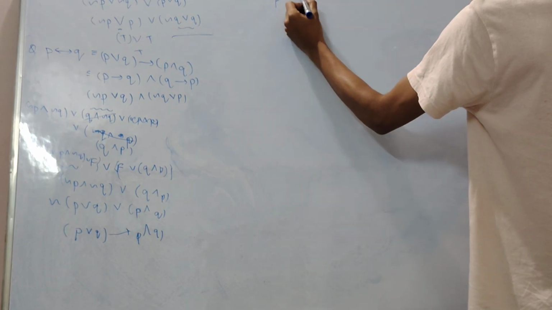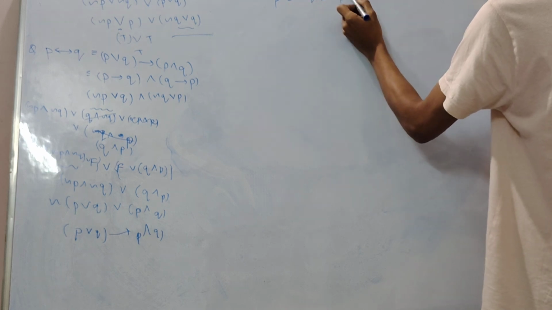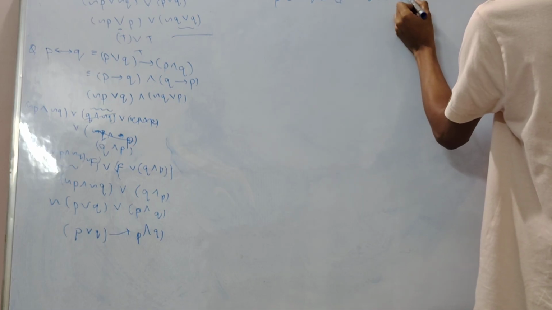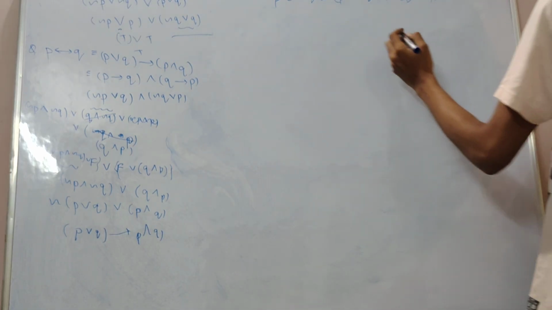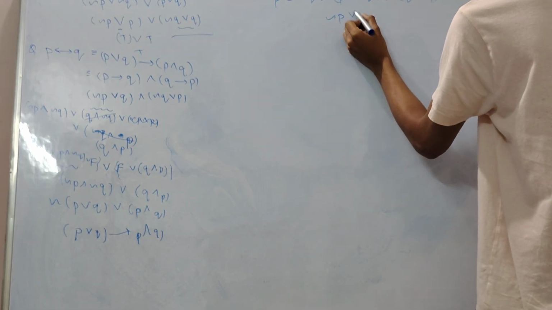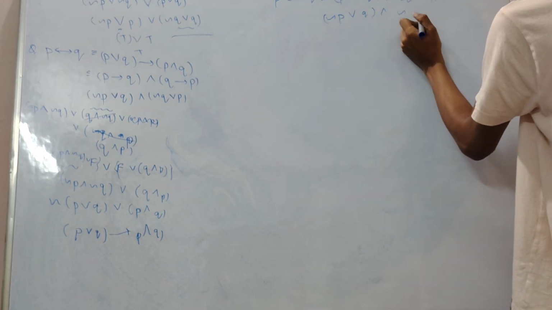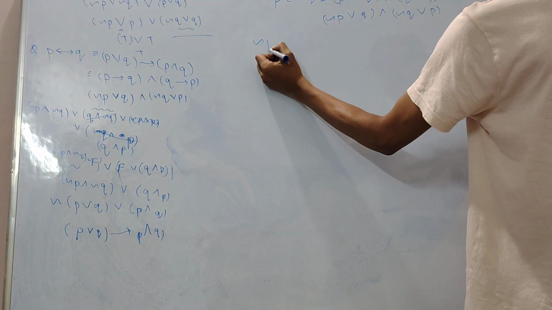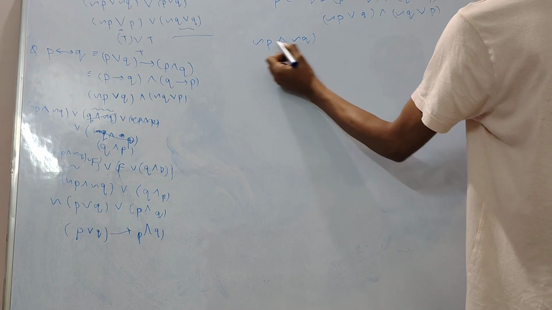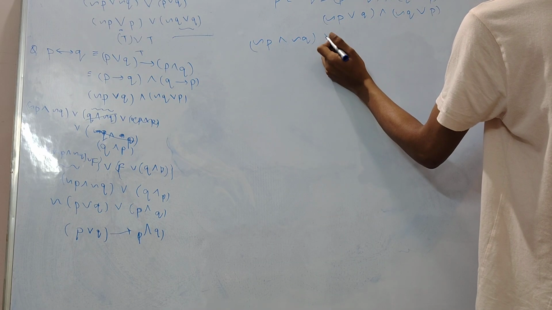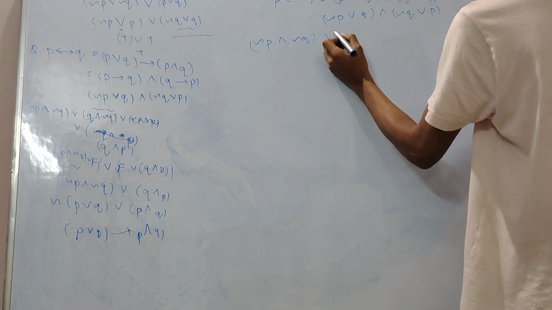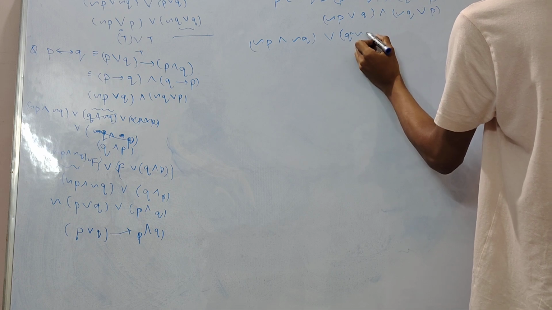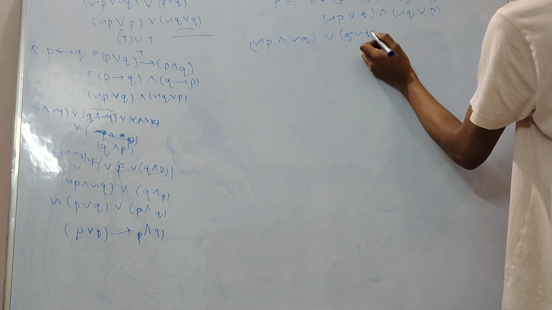I will first write my identity as P implies Q and Q implies P, right? And then I will write this as negation of P or Q and negation of Q or P, right?